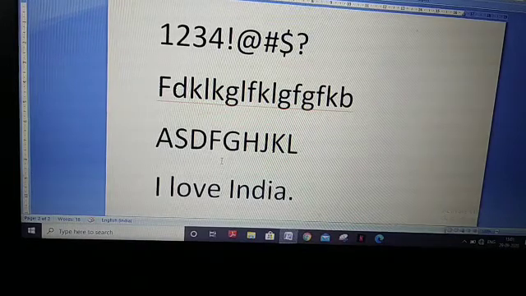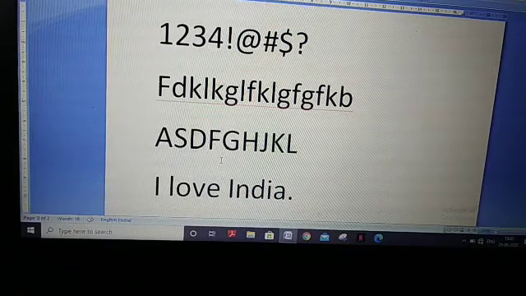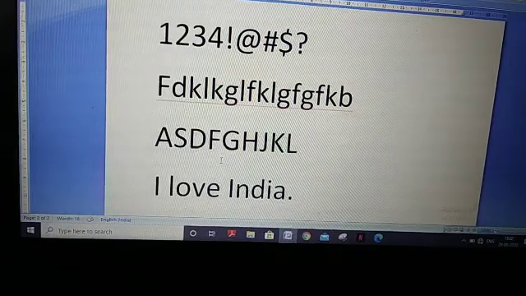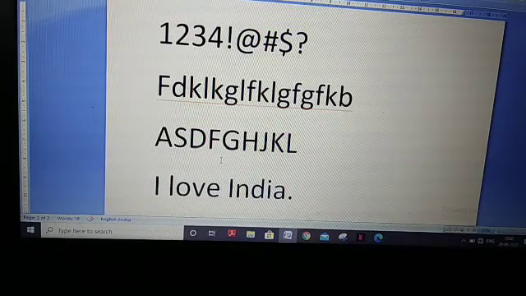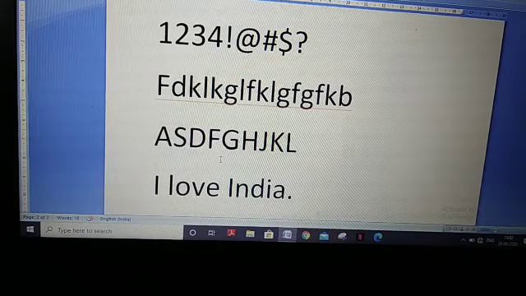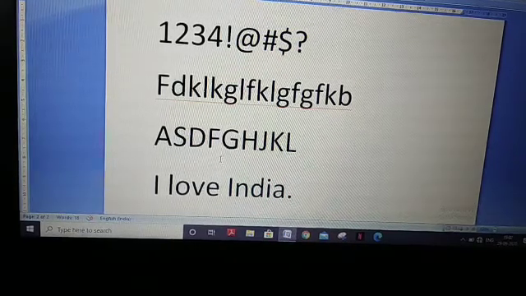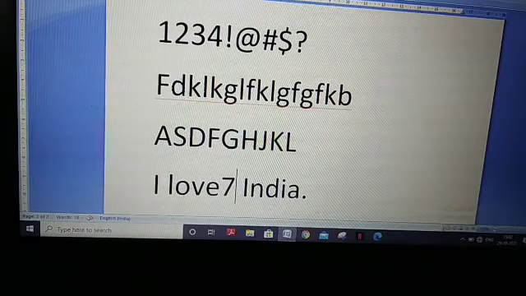But I want this cursor at the beginning of the sentence, in front of I. So to bring the cursor to the beginning of the line, we can press the home key.